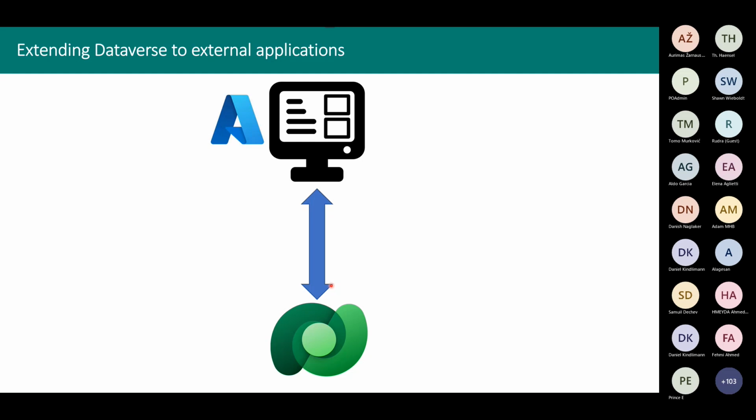And I also want an external application to be able to write and perform operations on Dataverse. When I say that, I mean an external application should be able to perform a business process on Dataverse, and maybe also expose its own data to Dataverse.